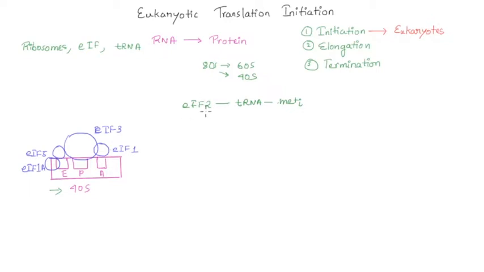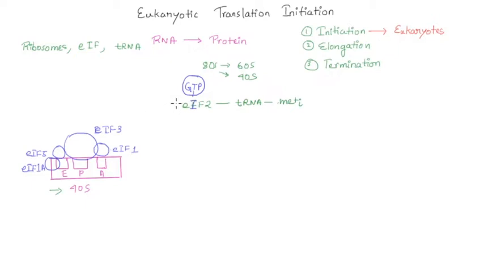Now, this EIF2 can bind to initiator tRNA or MET-tRNA-I only when it is in a GTP bound state. This is very important. The EIF2 can only bind to the initiator tRNA and bring it to the smaller subunit when it is in its GTP bound form.